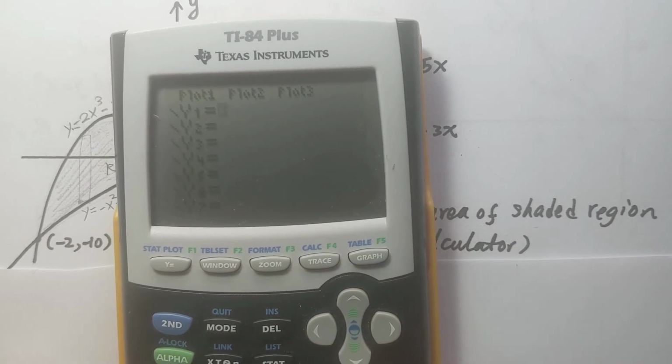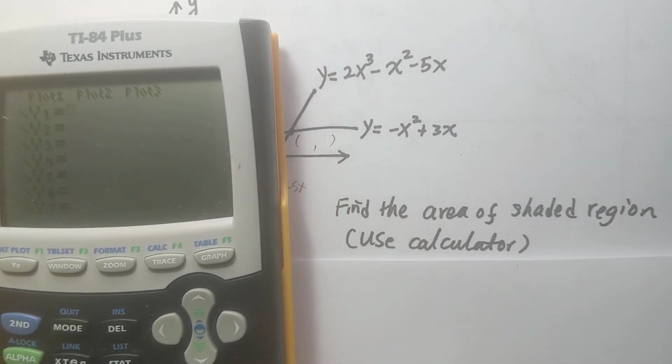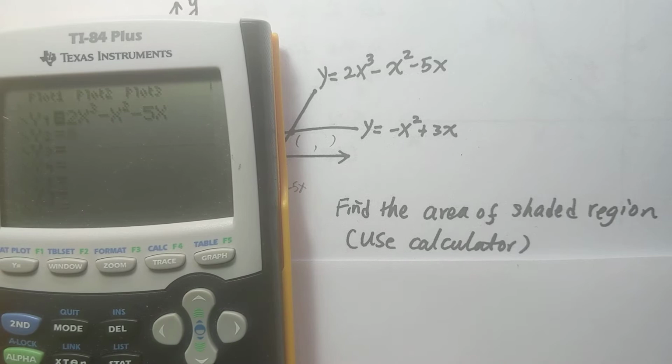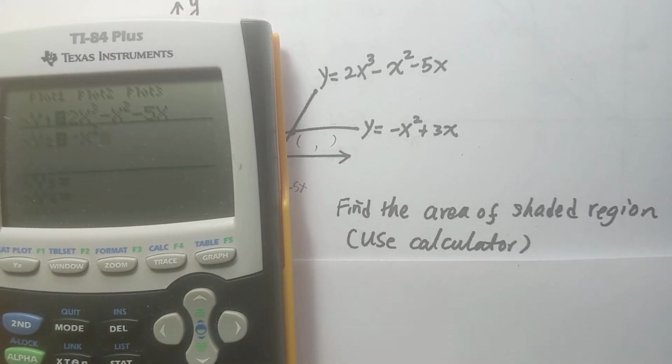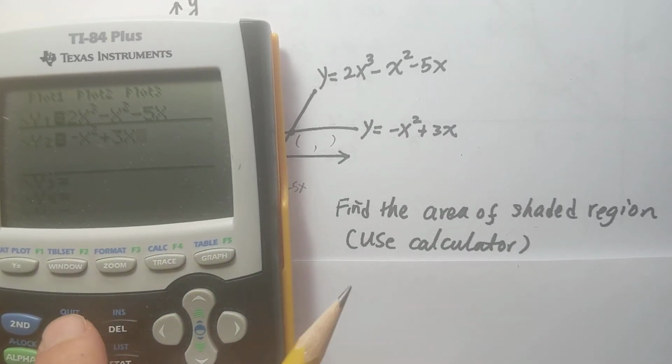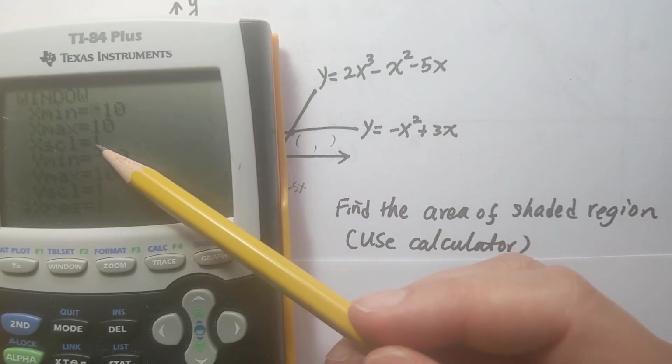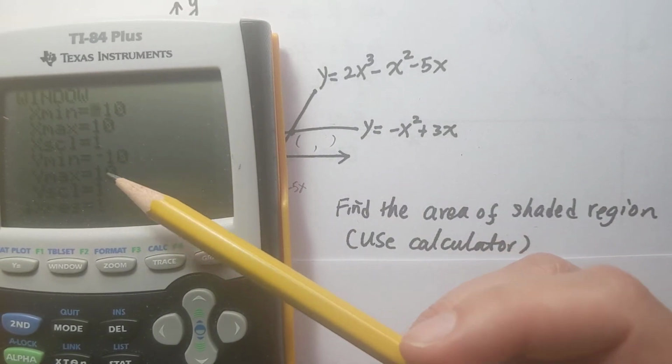Now I am going to make my y1 equal to 2x cubed minus x squared minus 5x, and then I'm going to make my y2 equal to negative x squared plus 3x. I'm going to change my window into standard window: negative 10 to 10, the scale is 1, and then negative 10 to 10.